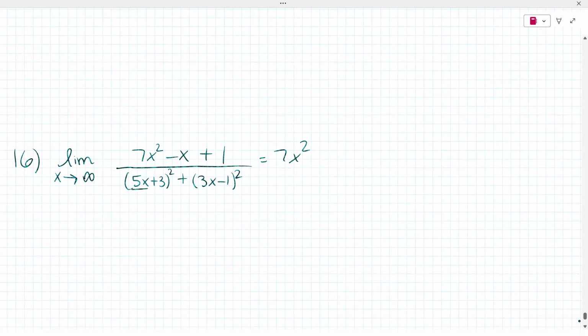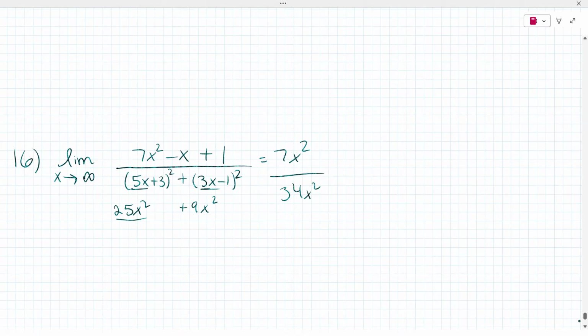So what's (5x) squared? It is 25x squared. Now I'm not going to FOIL out the 3 because that's not going to give me the highest power. So what about here? What's (3x minus 1) squared? Well, if you square 3x, that's going to be 9x squared. And I don't care about going further because that won't give me the highest power. You could combine the 25x squared and the 9x squared, which is 34x squared.